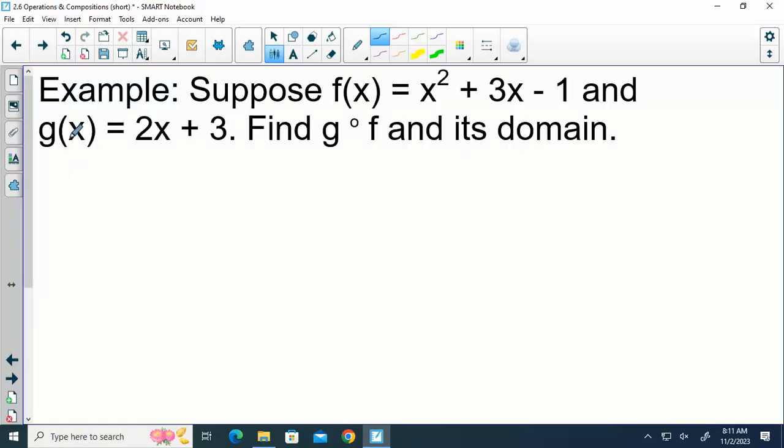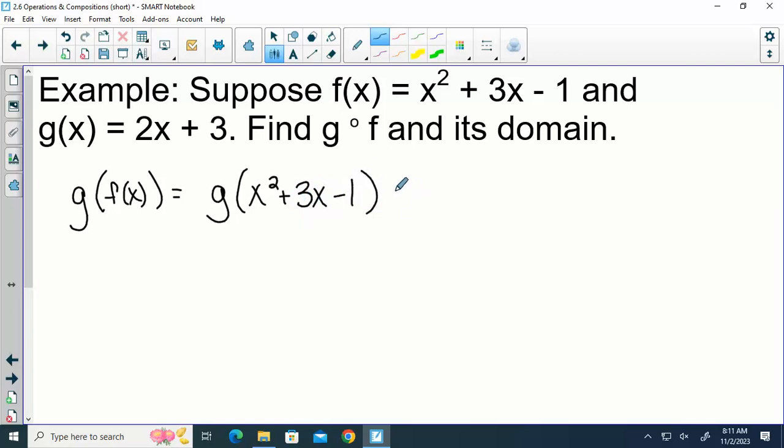So now we're just going to practice some of these. So I want g composed with f. So g of f of x. So f is x squared plus 3x minus 1. I'm putting that into g.